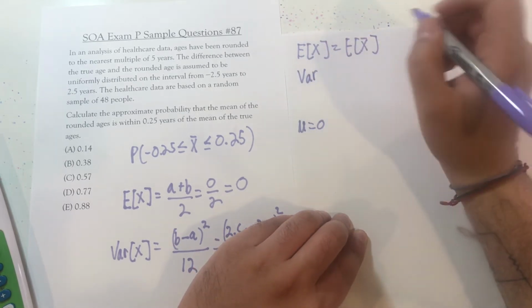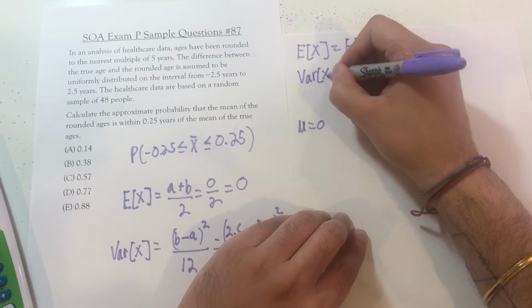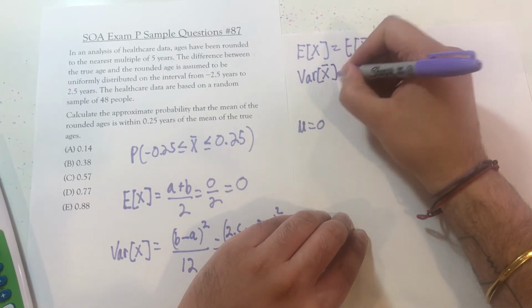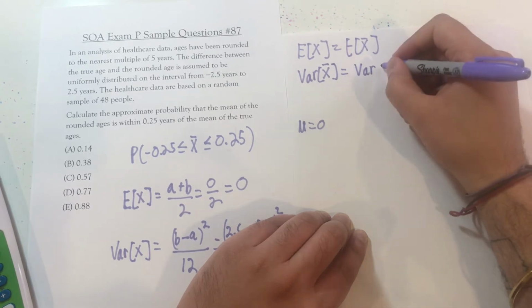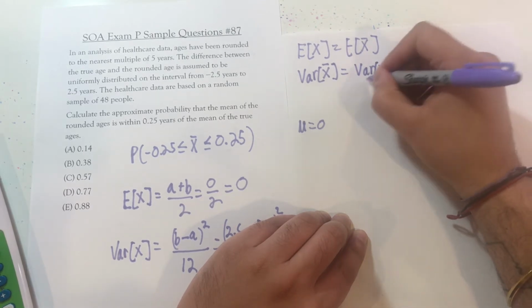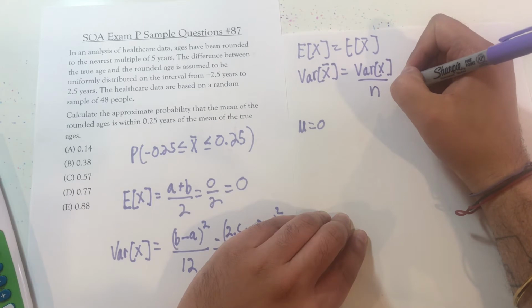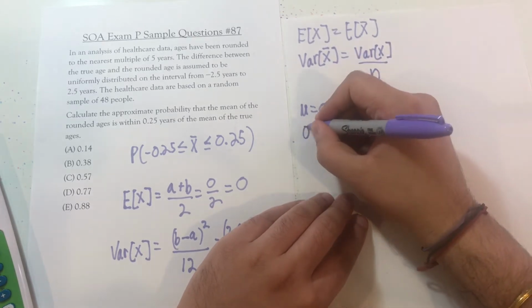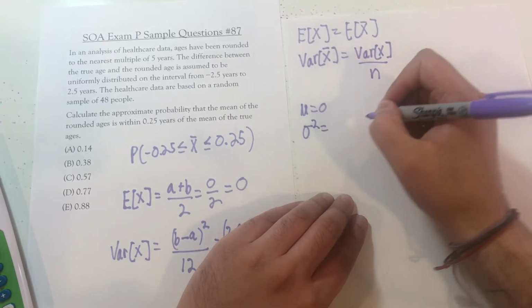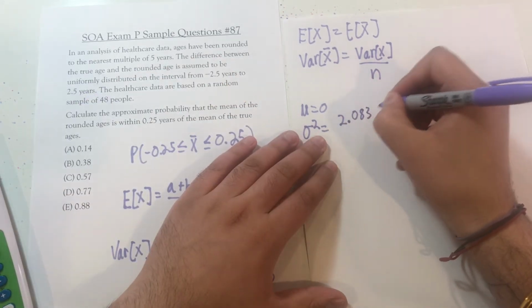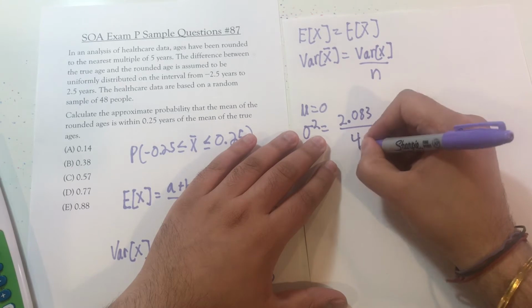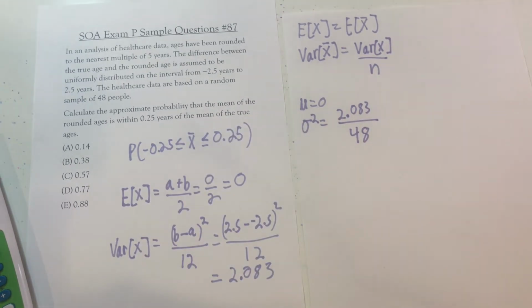The variance is a little bit different, so be very careful. The variance of x bar is equal to the variance of x divided by n. So our sigma squared is equal to 2.083 over 48, the number of items we have.